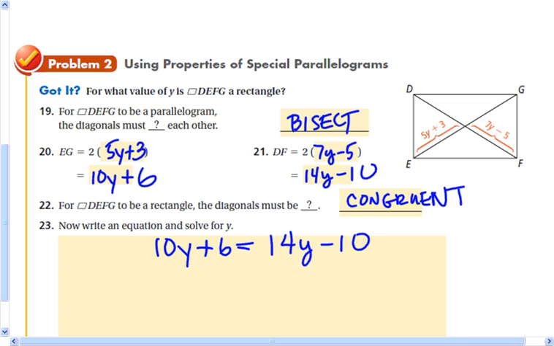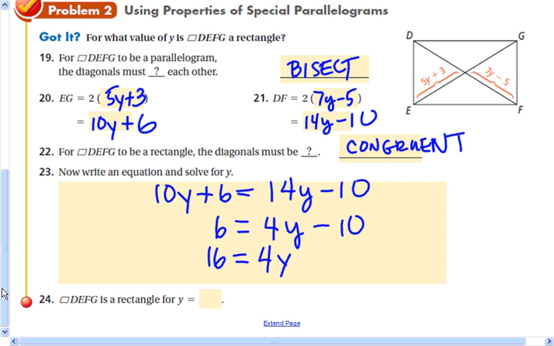Then solving it, we subtract 10y from both sides, and that gives us 4y minus 10. Adding 10 to both sides gives us 16 equals 4y. Dividing both sides by 4 gives us y equals 4.